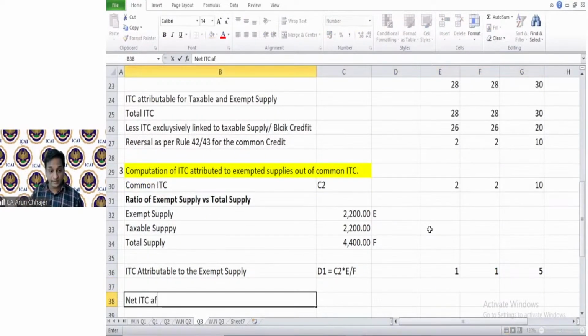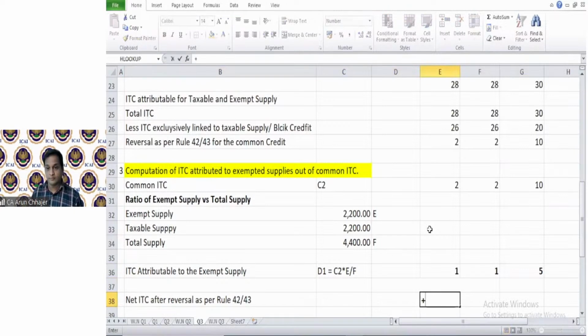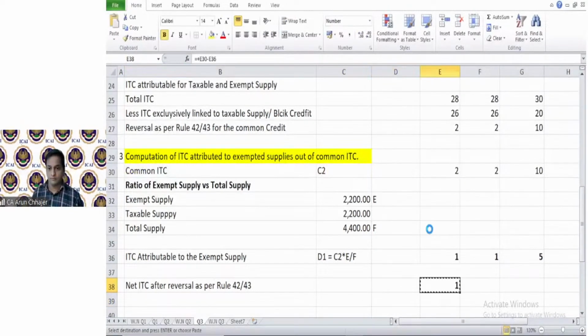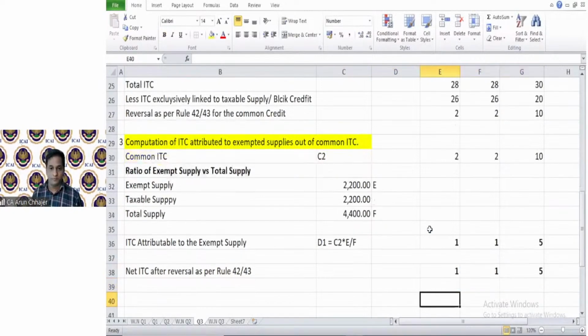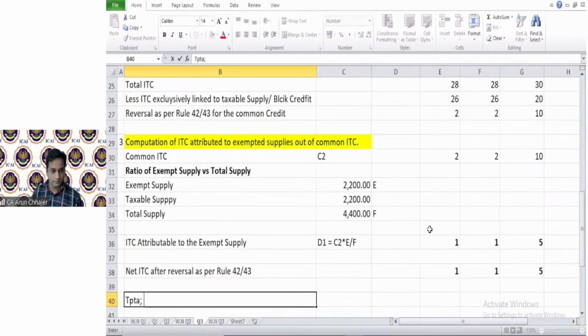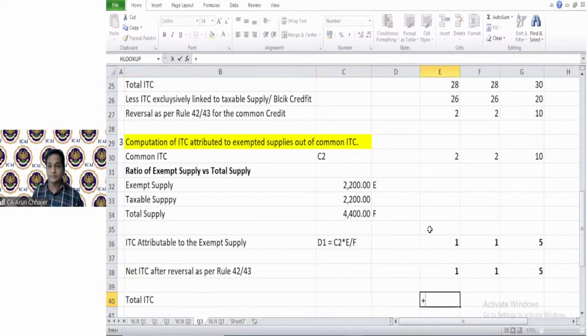Correct now. So this much of the ITC to be reversed. Net ITC after reversal as per rule 42/43. Total ITC.